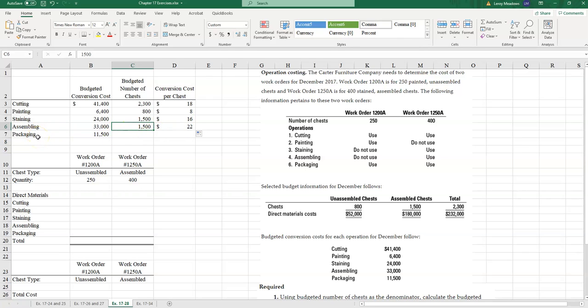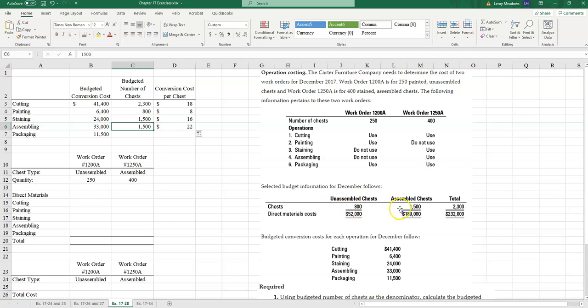Now finally, let's take a look at packaging. For packaging, I'm going to have $11,500 worth of budgeted conversion costs associated with packaging. How many units will require packaging? Well, both types of chests, whether they're unassembled or assembled, will require packaging.